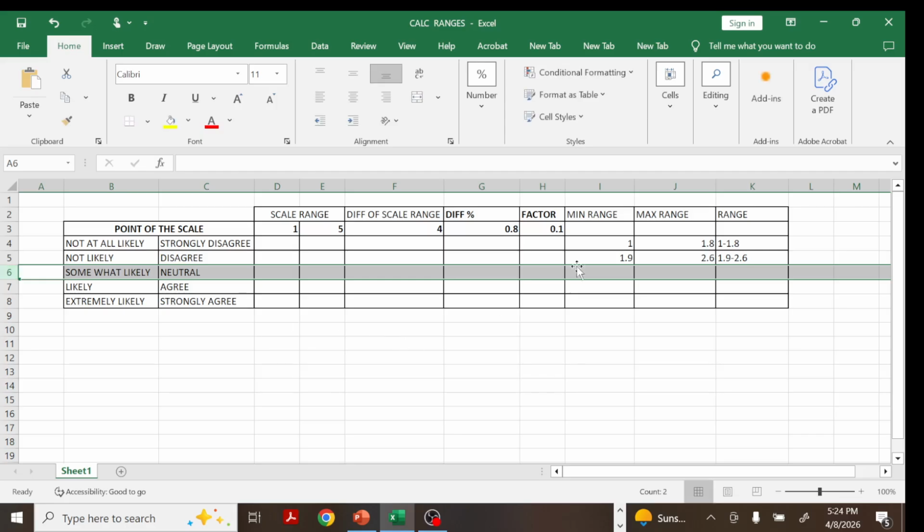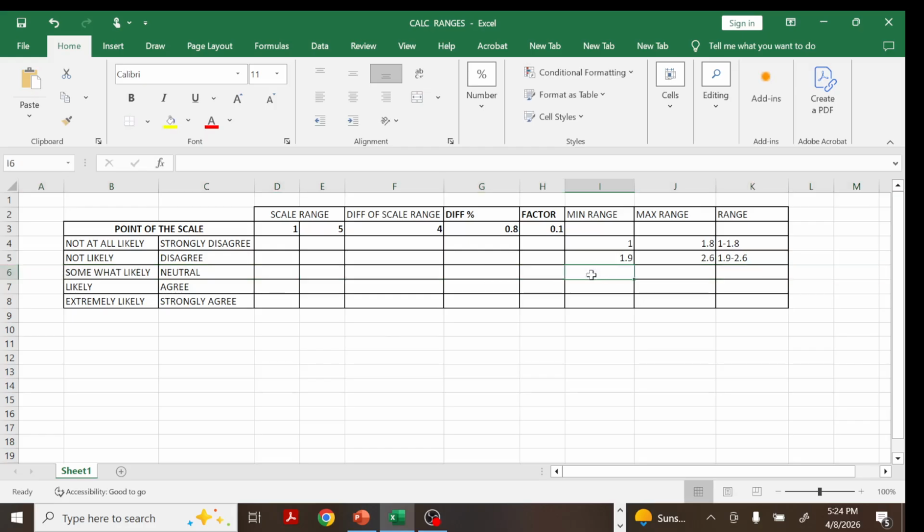Then you come to the third point on the scale. The minimum for this is the maximum of the previous plus the factor, which is 0.1. And the maximum for this is the maximum of the previous plus 0.8, which is the difference percent. So this range is 2.7 to 3.4.